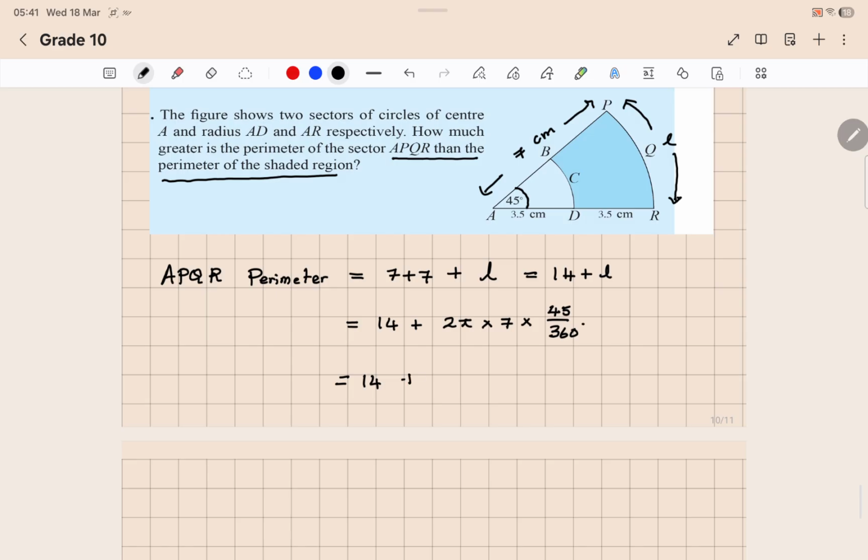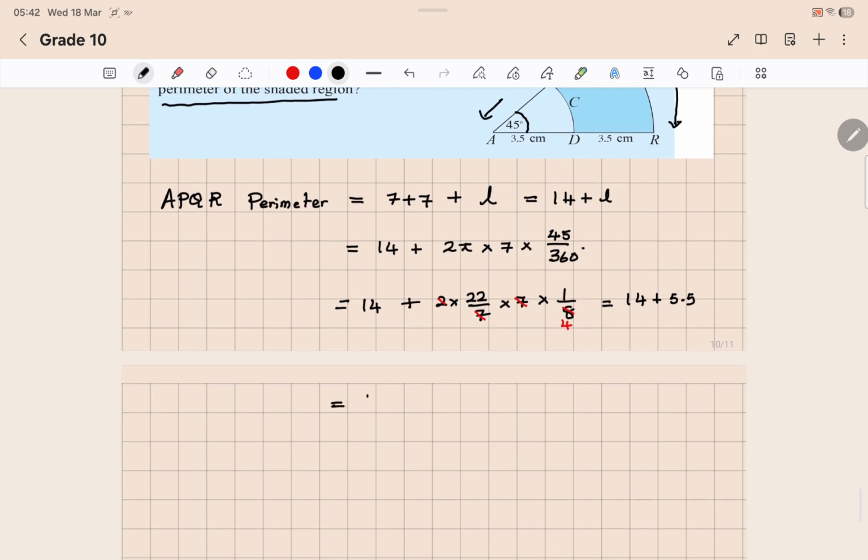So 14 plus 2 times 22 over 7 times 7 times 1 over 8. 7's cancel. 2 and 8 cancel. So 22 over 4, which is 5.5. So 14 plus 5.5. So APQR perimeter is 19.5 centimeters.